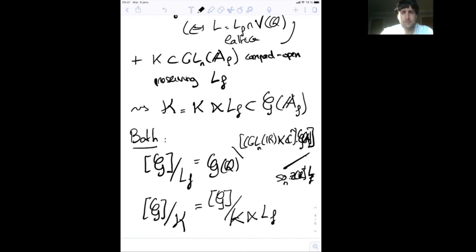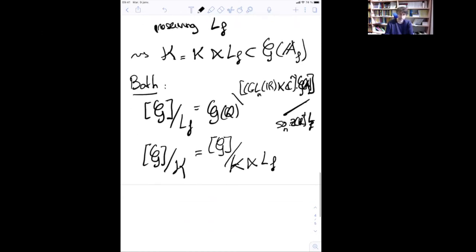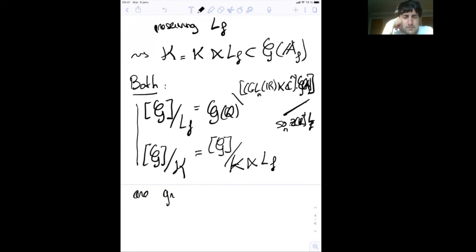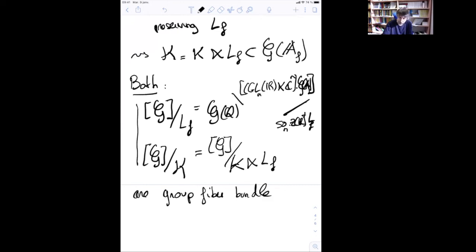Both these quotients are fiber bundles, and the fiber is precisely something of the sort C^n over L, over GL_n mod out by K.